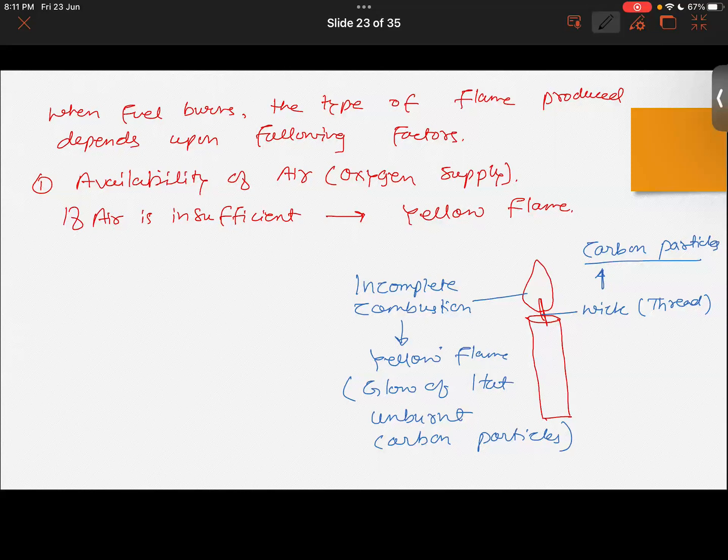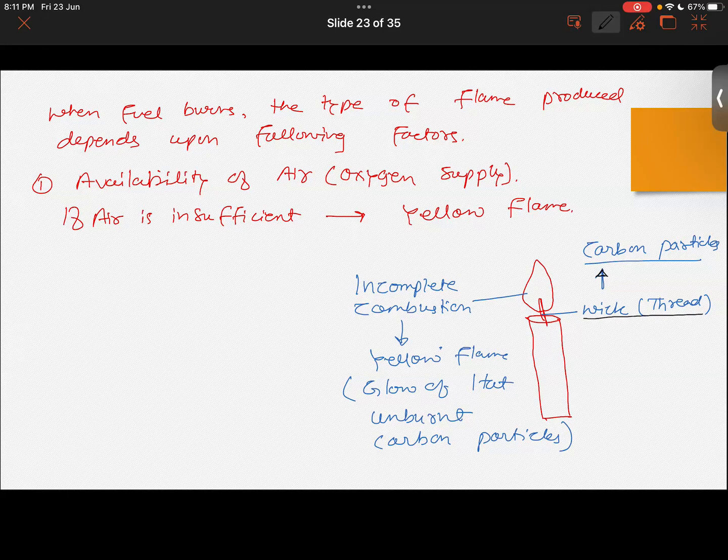Look, the thing is that this wick, that is the thread, when the candle is not burning properly, if the oxygen supply is insufficient, then the fuel, that is this paraffin wax, will not burn properly, right guys? So this will give off a yellow flame.